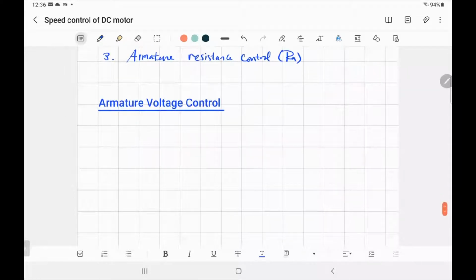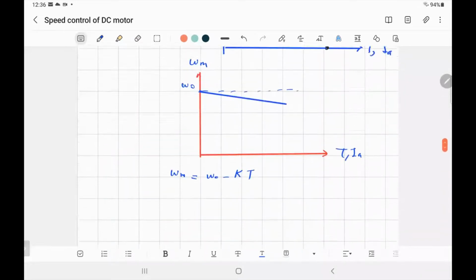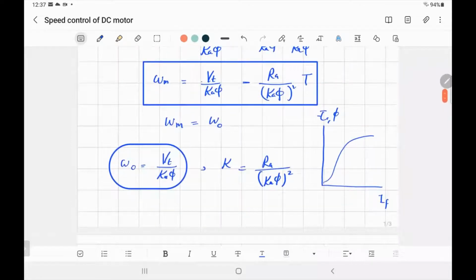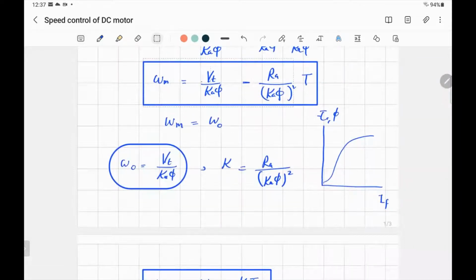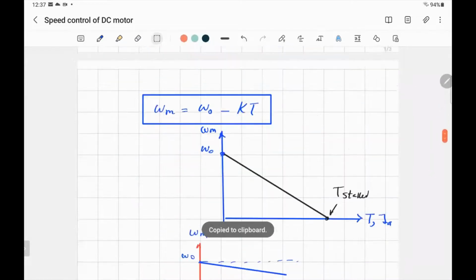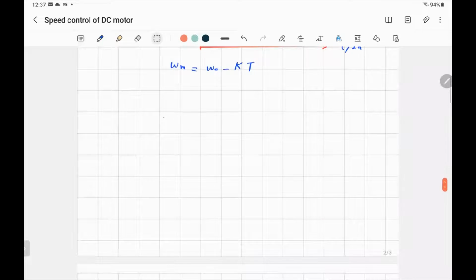We'll go back to the same basic equation that we drew before. I'll take this equation we just did, because all methods of control will depend on this equation.